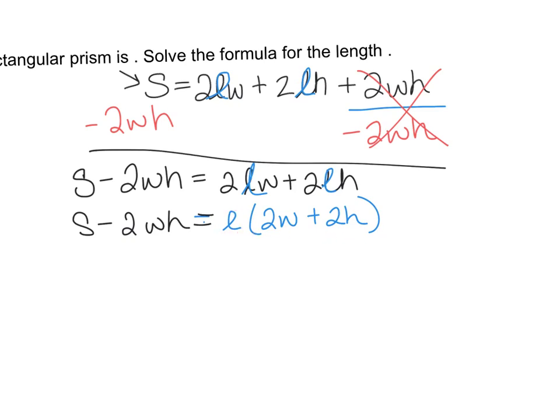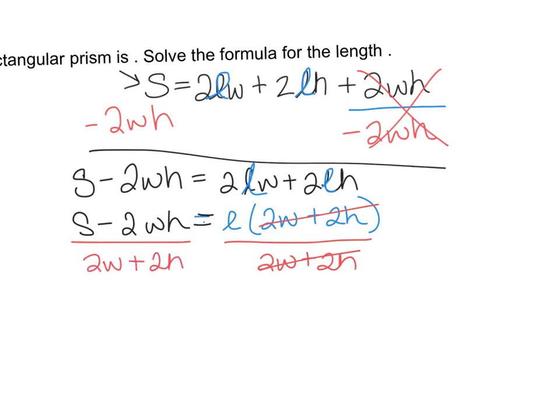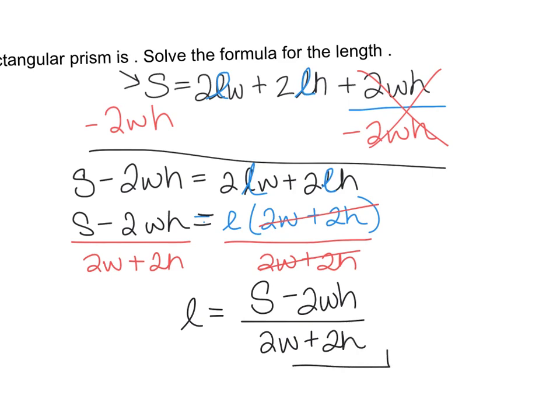So we're going to divide both sides by 2W plus 2H. And now we have L alone. So L is equal to the surface area minus 2WH, all divided by 2W plus 2H. And that is your final answer.